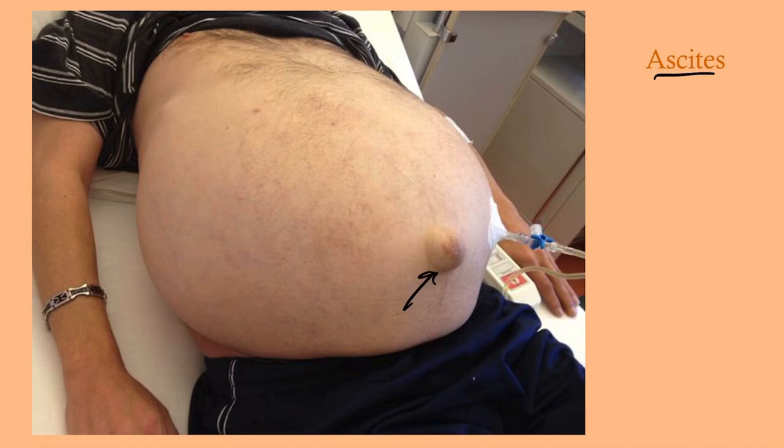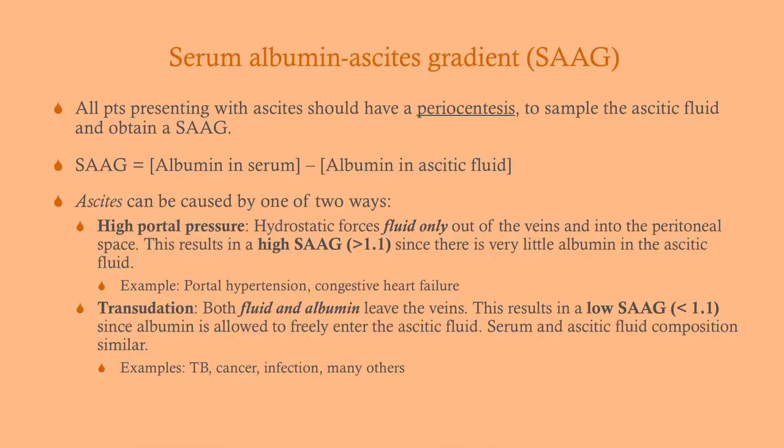So when you see someone with ascites, the next thing you want to know is why. Why do they have ascites? And so the way that we do this is by figuring out the serum albumin-ascites gradient. Now, in order to do this, we need to be able to get a sample of the ascitic fluid, the fluid that's in the abdomen. And so to do that, we get a paracentesis. A paracentesis is just where we go in with a needle and we take some of that fluid out.